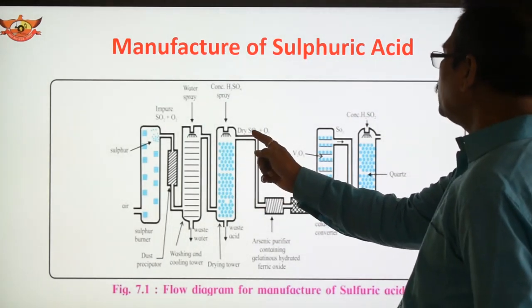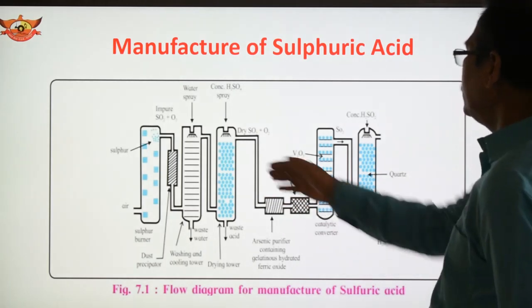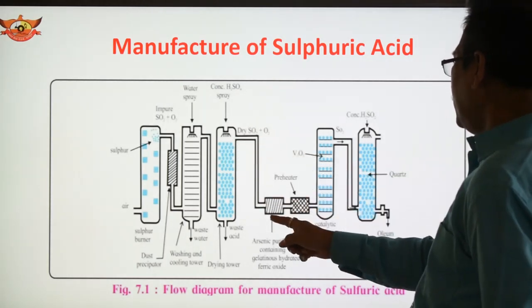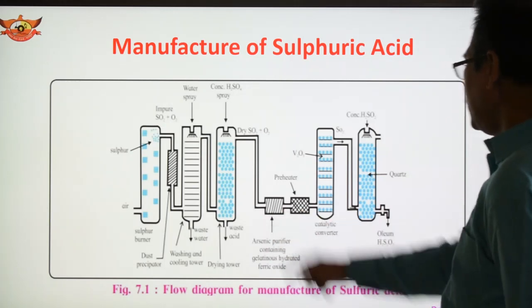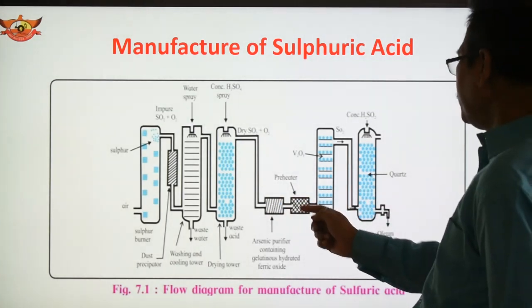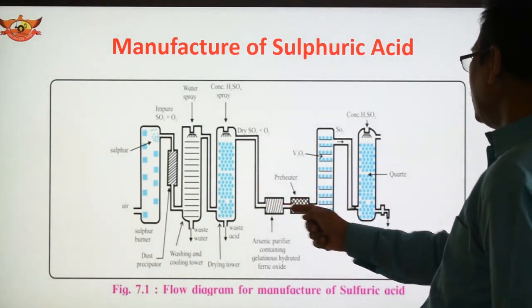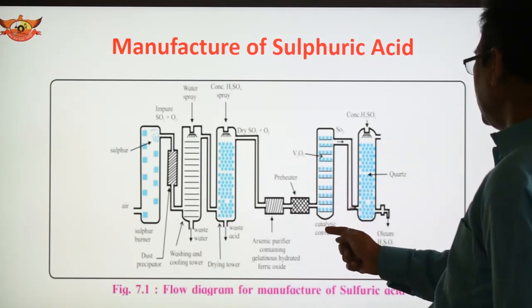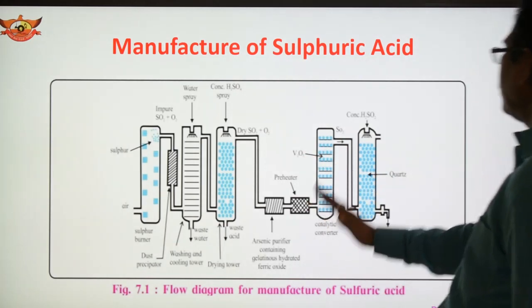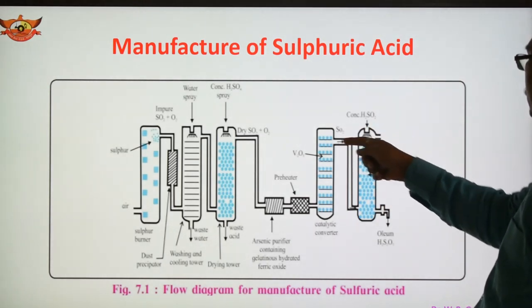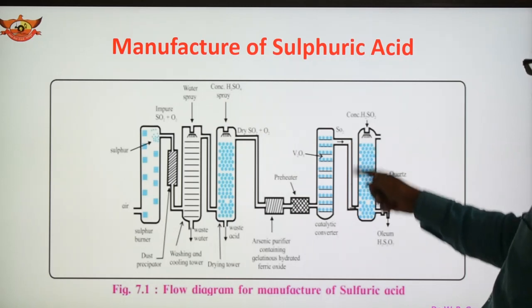Here SO2 plus O2 react, and the solution comes here, and these are the two parts. Here is an arsenic purifier containing gelatinous hydrated ferric oxide. Here is the preheater. After that the solution comes into this chamber. Here a catalyst is shown, the vanadium pentoxide catalytic converter. After the converter, SO3 is formed, and the direction of flow is shown here.